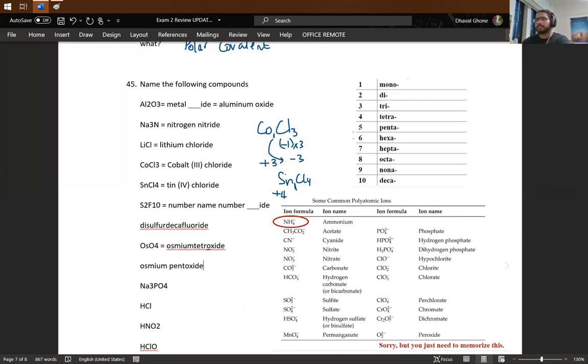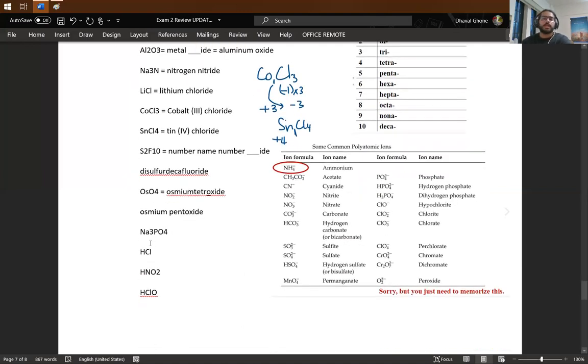Okay, the next one is more than one element. So you won't say trisodium phosphor trioxide. That's not correct. The PO4 is a polyatomic ion, and so refer to this chart to get the answer for that. This is a metal and a bunch of non-metals.